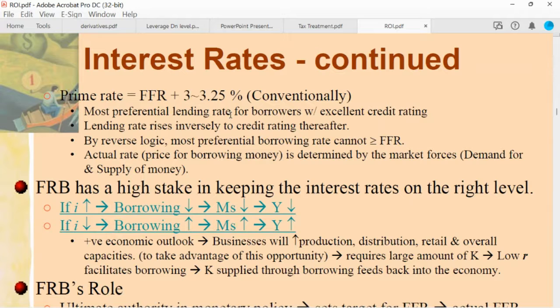Prime rate is conventionally Fed funds rate plus 3%, 3 to 3.5%. So think about it. Fed funds rate is only like 0.25, and in this 3%, 2% is the pure return, and the remaining 1.25% would be the adjustment for inflation, right?